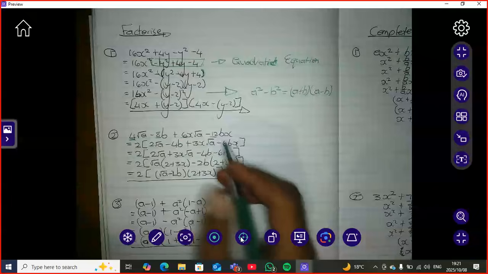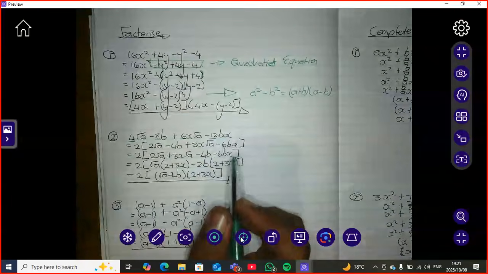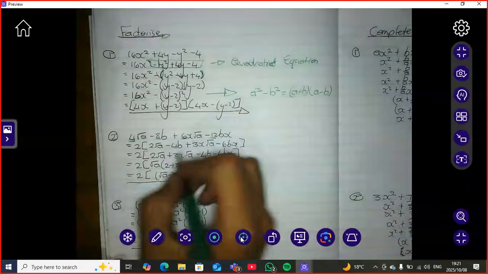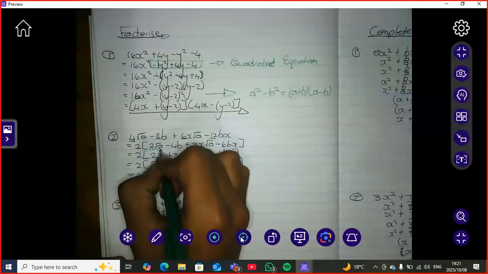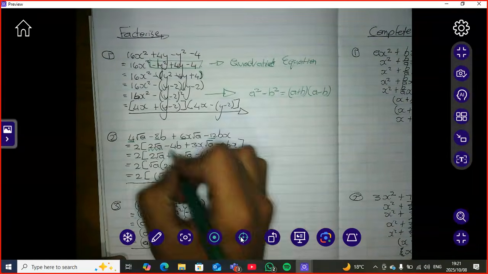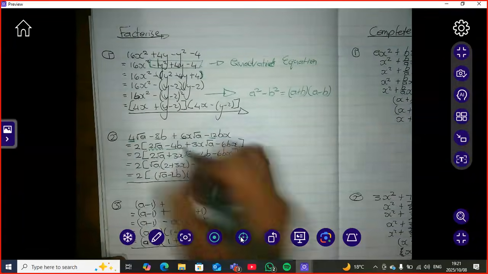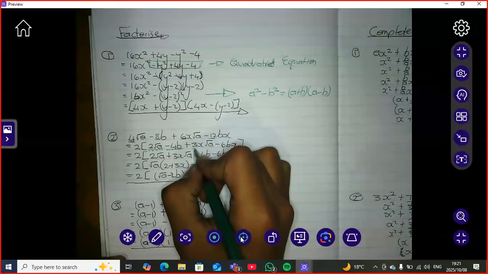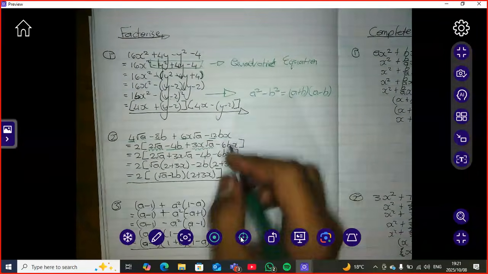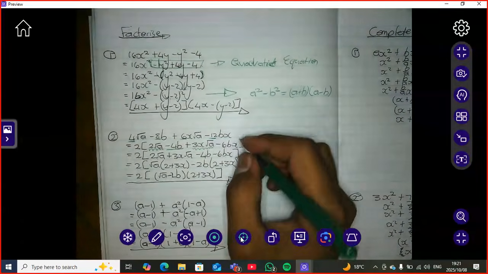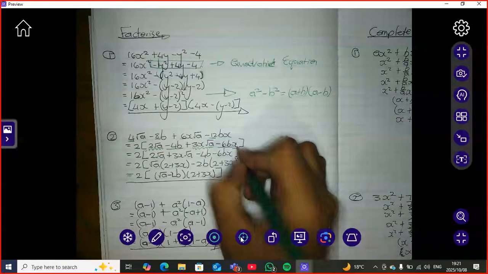So anyways, what I do now, I sort it out. I see here that I have a 2 square root a and a minus 4b. And then I see here again a squared a in there somewhere, and then a b again.